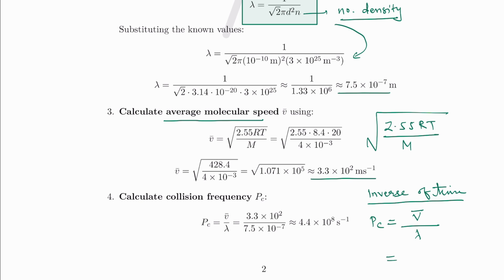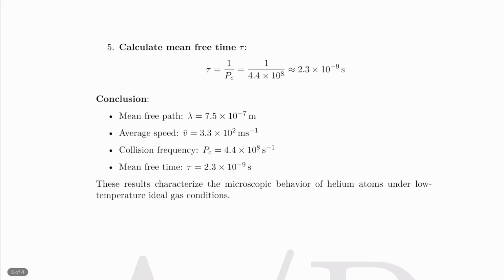You know that the unit of the average molecular speed is going to be meter per second, and the mean free path is going to be meter, and they are going to cancel out and you are only going to be left with per second, which is the collision frequency. So finally we can settle down with the collision frequency, which is around 4.4 multiplied with 10 to the power 8 per second.